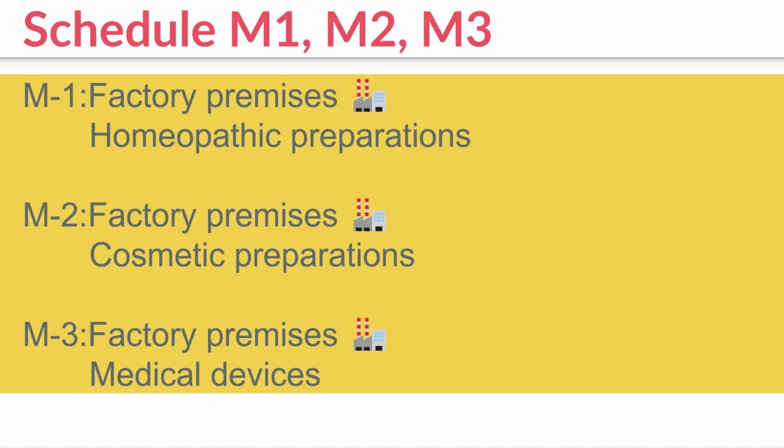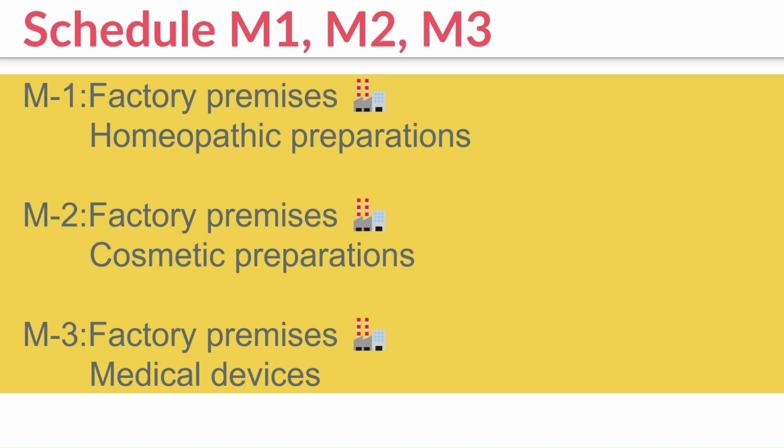That is, M1 is for homeopathic preparations. You see the letter H: capital H is made up of two ones connected by a small line. So 1 is for H. M1 is for homeopathic preparations.